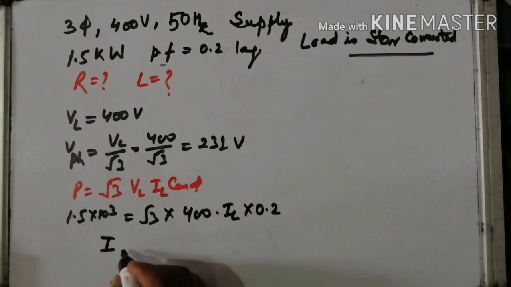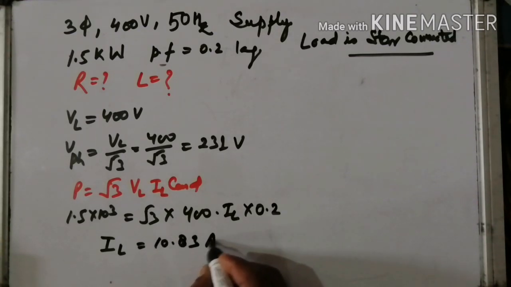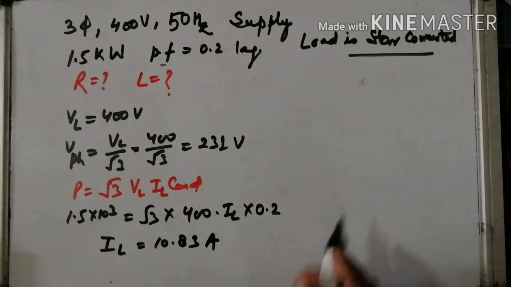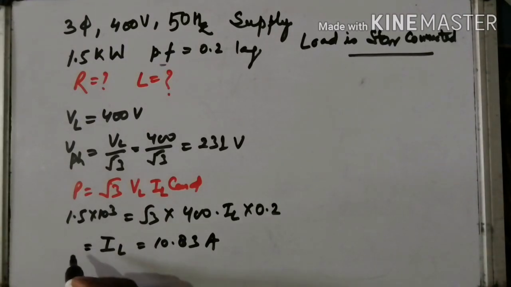With the help of this equation we can calculate IL, that is the line current. It is 10.83 ampere. And in the case of the star, line current is equal to phase current. So the value of the phase current is also the same, that is 10.83 ampere.